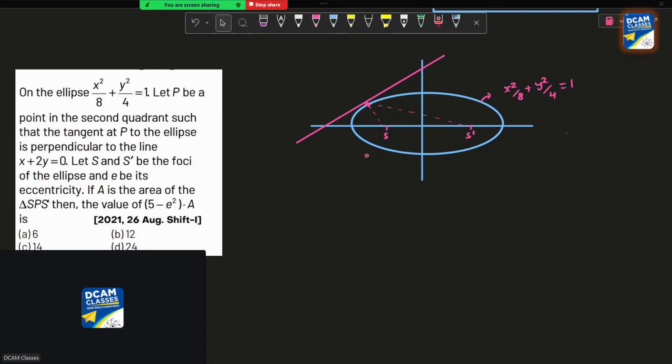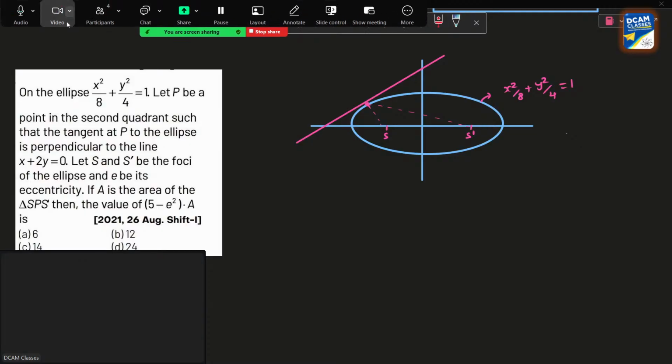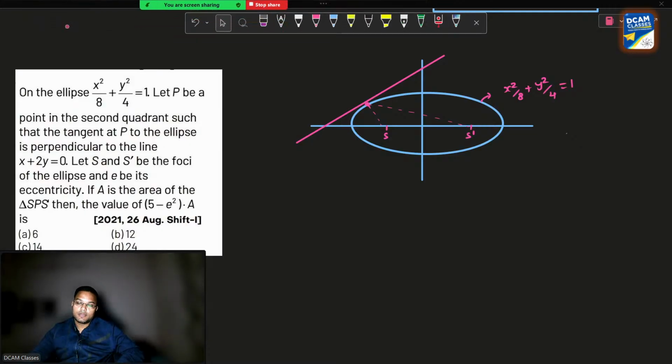See, the problem you will face is you will have to find out this point. Everything you will find, A, B, E, everything. So the important thing is how will you find out this point P, x1 and y1?